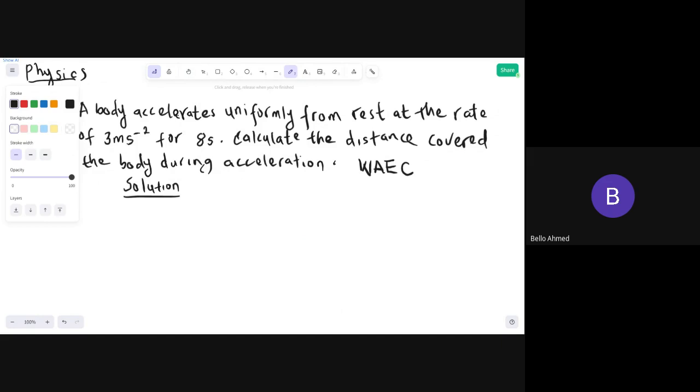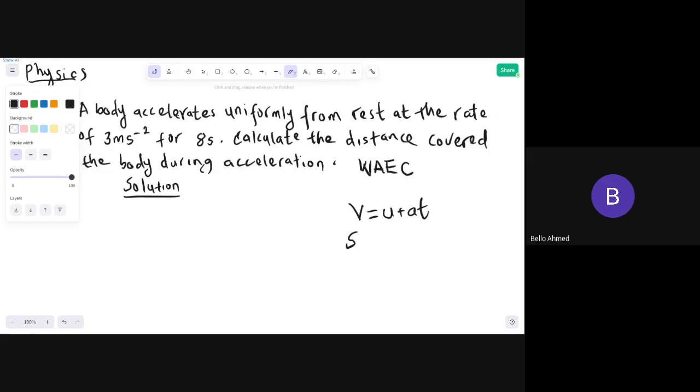Now, the equations of motion are: 1. V equals U plus AT. This is the equation of uniformly accelerated motion. So V equals U plus AT.